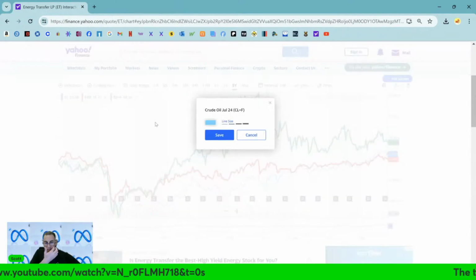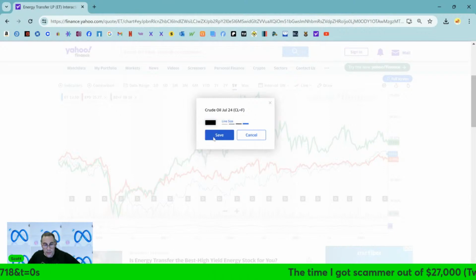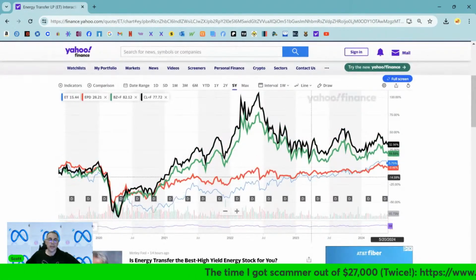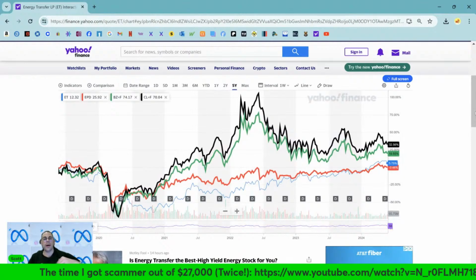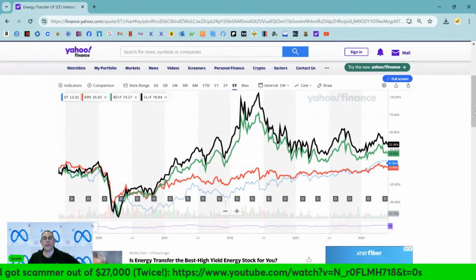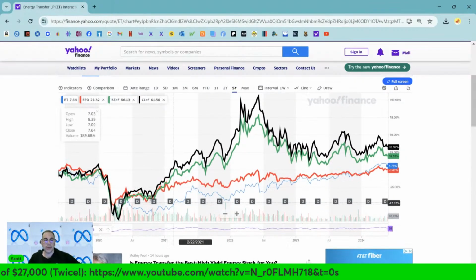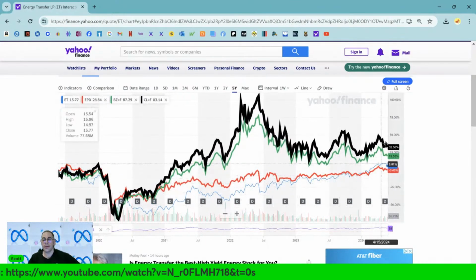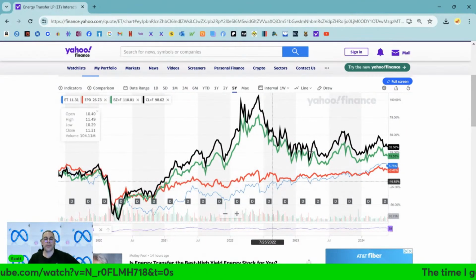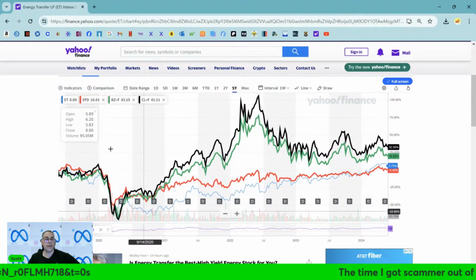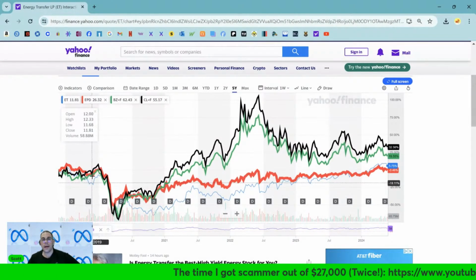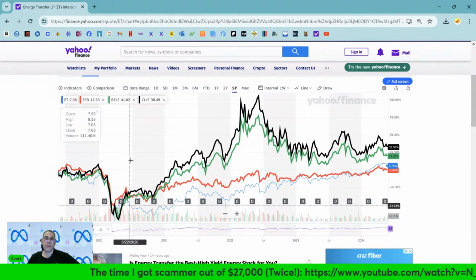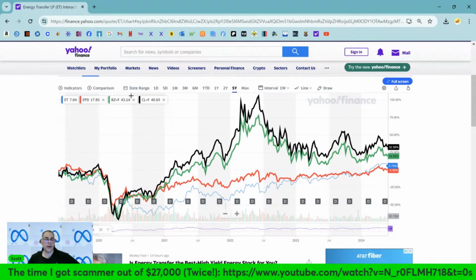Okay, there you go, crude oil. So the black line is crude oil. That's what we track. U.S. companies buy crude oil, or at least the price of crude oil is tracked for WTI, but most non-U.S. companies are Brent crude.